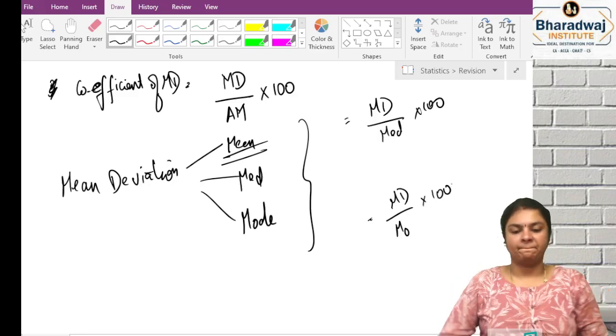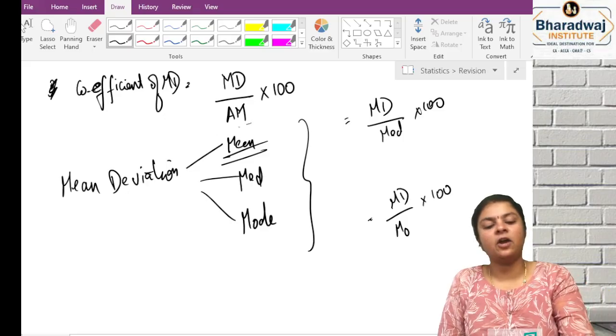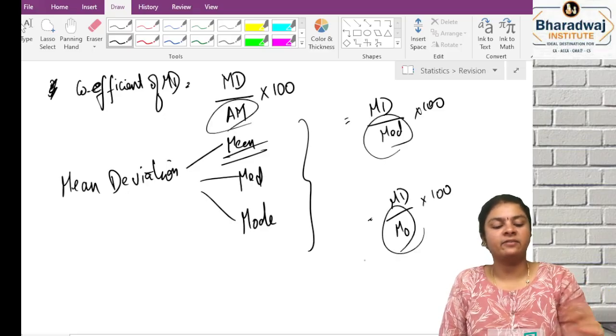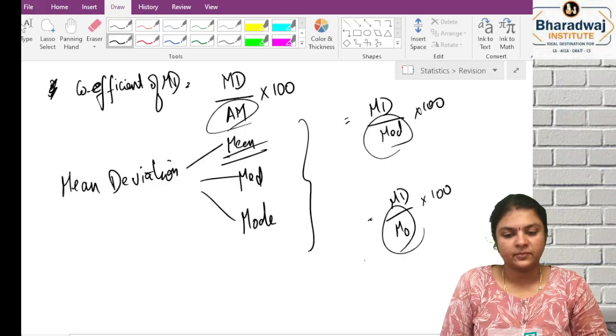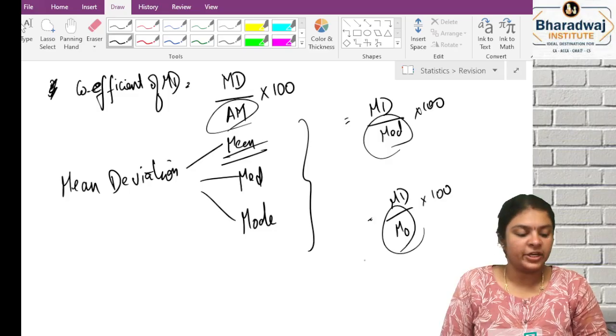So depending on what measure you use, the denominator will change. This is the formula for coefficient of mean deviation. Is that clear?